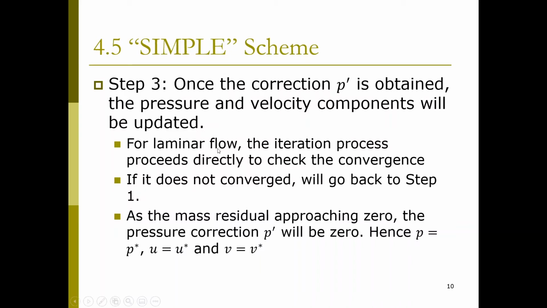If the mass residual has still not converged, where it is not close to zero, we will go back to step 1 and repeat the whole process again. But the new guessed fields in step 1 will be replaced with the fields obtained in this step, where we have the new P, U, and V. Okay. So the corrected P, U, and V will substitute the guess P, U, and V.